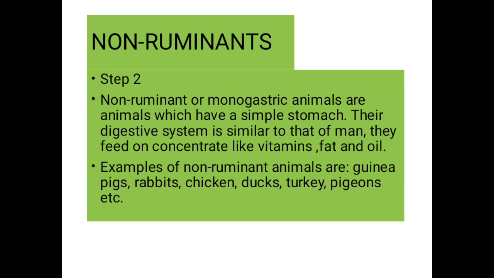When you move over to the non-ruminant animals, digestion happens very fast because they have just one compartment. When they swallow, it goes straight down into the tummy, and that's all. They digest the food very fast, unlike the ruminant animal.